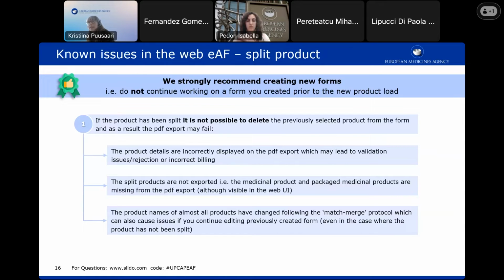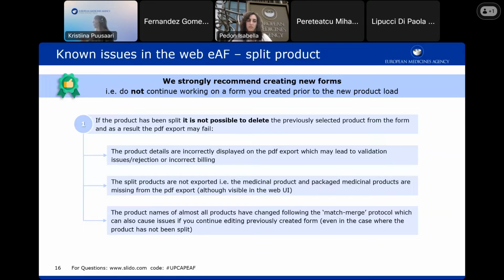Also, in some cases, the split products are not exported. So the medicinal product and the packaged medicinal products are missing from the PDF export, although they will be visible in the web UI. And of course, as Marcos also mentioned, the product names of almost all products have changed following the match and merge, which can also cause issues if you continue editing the previously created form, even if the product has not been split.